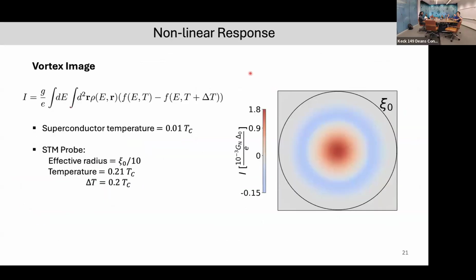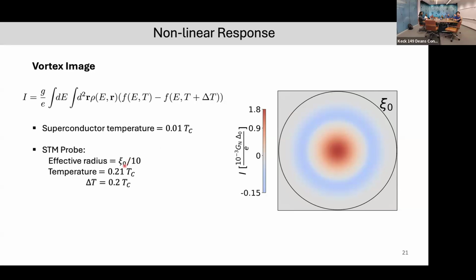We also plot one nonlinear response. So what I'm doing here is using the STM-tip, I'm measuring the electrical current for some thermal bias applied between the STM-tip and the superconductor. So the superconductor is kept at a temperature of 0.01 times the critical temperature. The tip is relatively small compared to the coherence length of the superconductor.